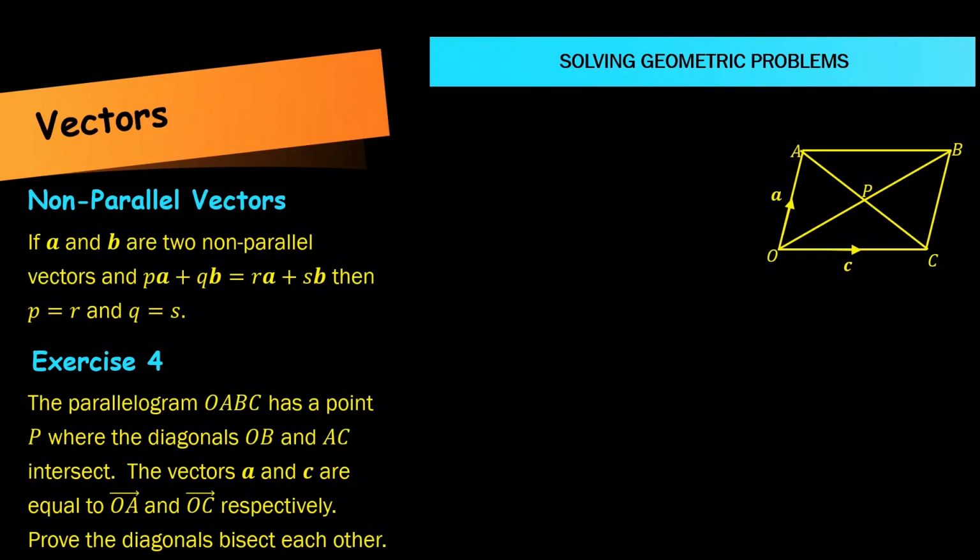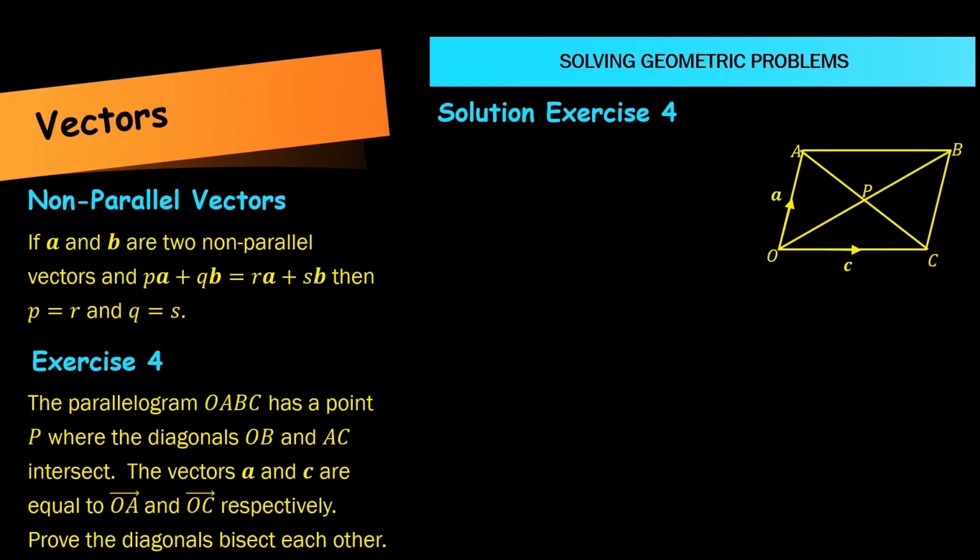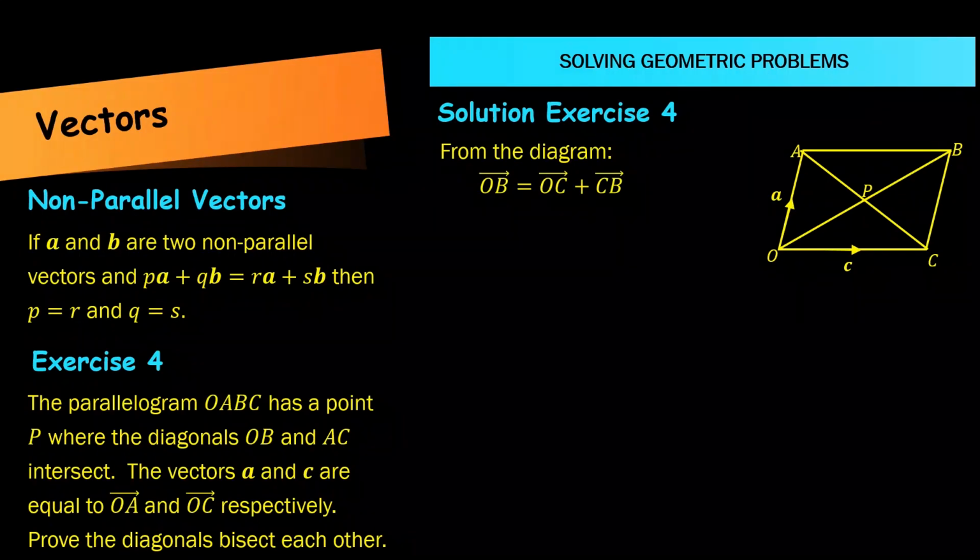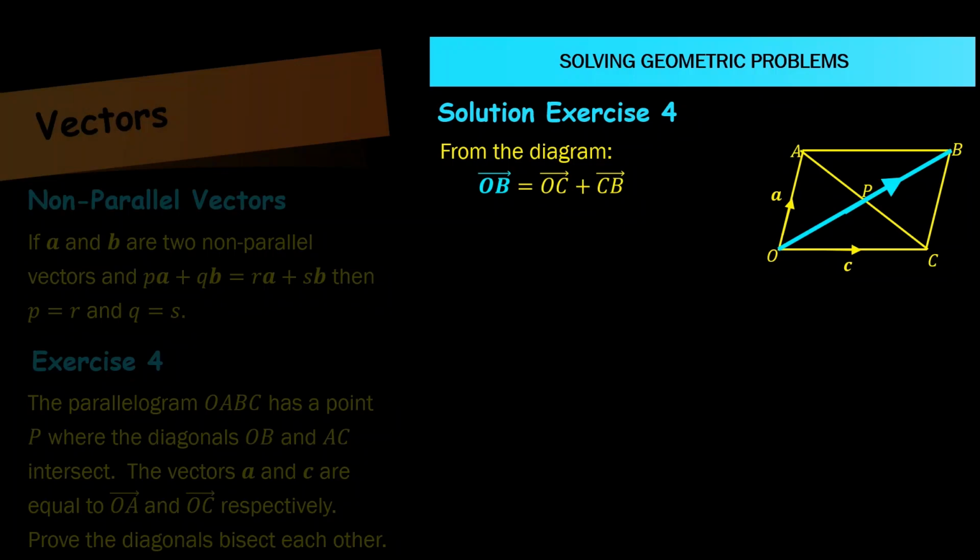So let's solve this. From the diagram, we have that OB equals OC plus CB. This equals c plus a. And CB is equal to a, because CB is parallel and equal to OA.